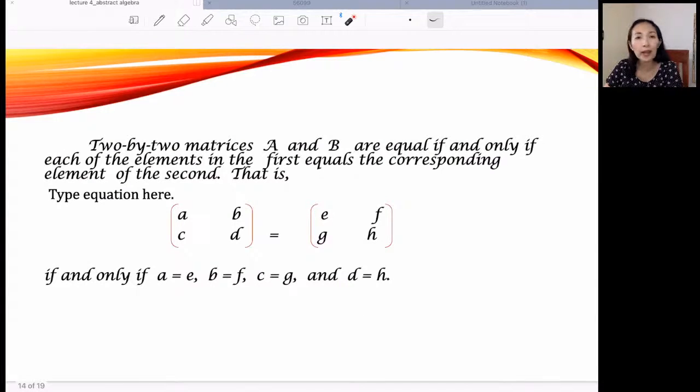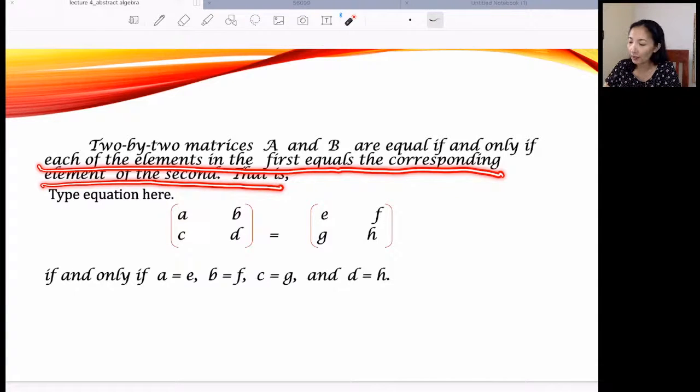Prior to that, some relationship between matrices. When are two matrices equal? 2 by 2 matrices A and B are equal if and only if each of the elements in the first equals the corresponding element of the second.